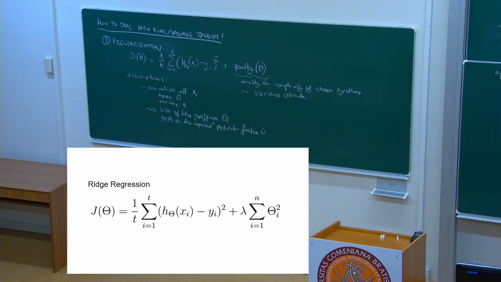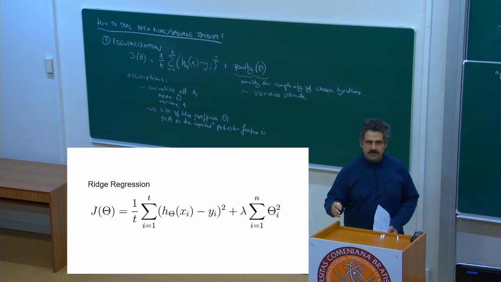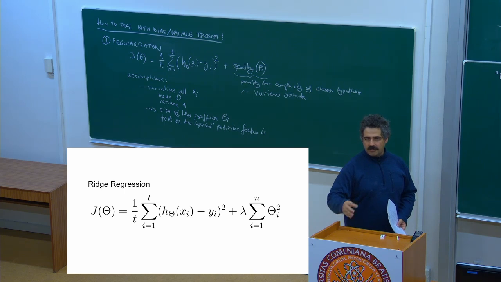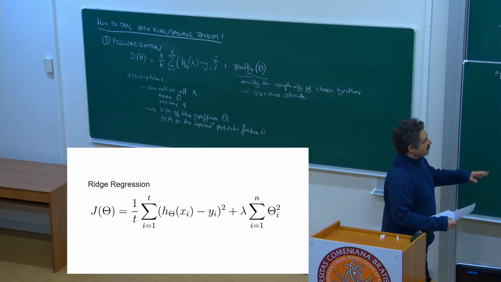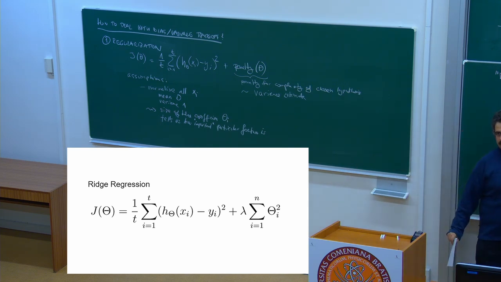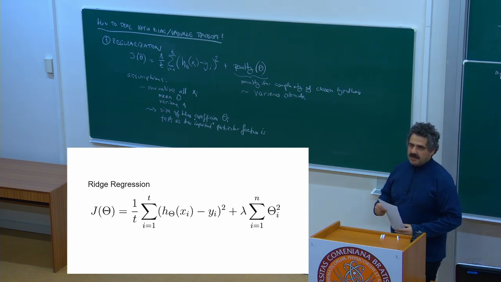So the question is, if you take this error function, how do you actually find the correct set of parameters theta? Remember, we had these normal equations or other optimization methods that could help us. So how does this change?